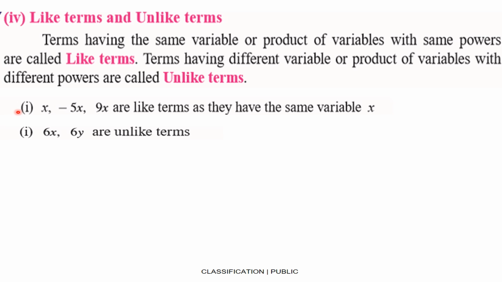Here you see the same variable x: minus 5x, and here also the same variable, 9x. They are called like terms. And 6x, 6y, different variables x and y, are unlike terms.